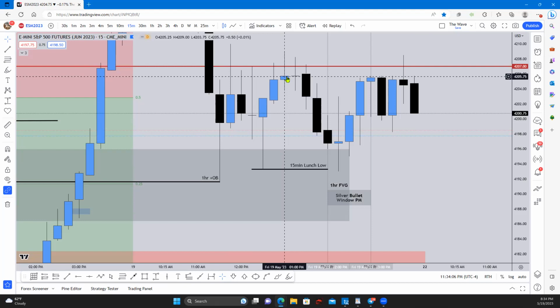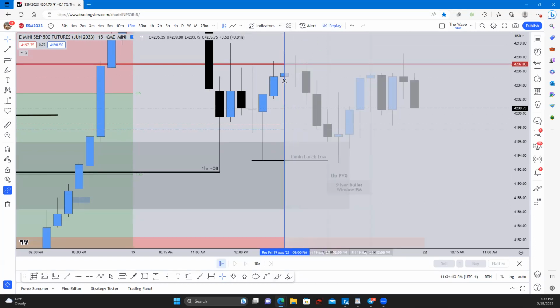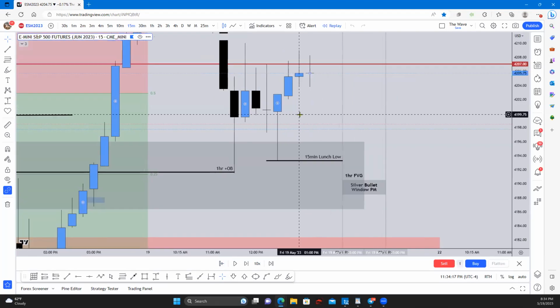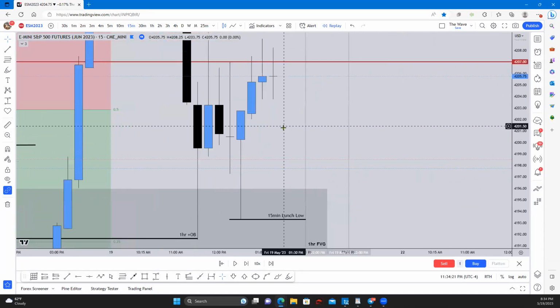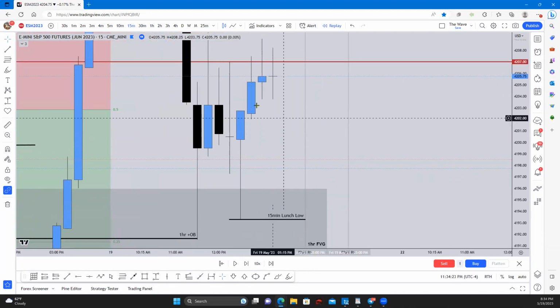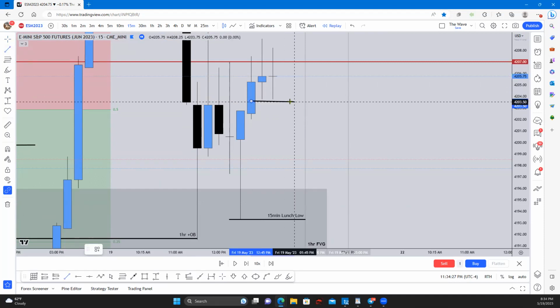So with that being said, let's say we come after lunch, 12 to 1:30. This is the nearest sell side. We also have a sell side underneath here and these equal lows.